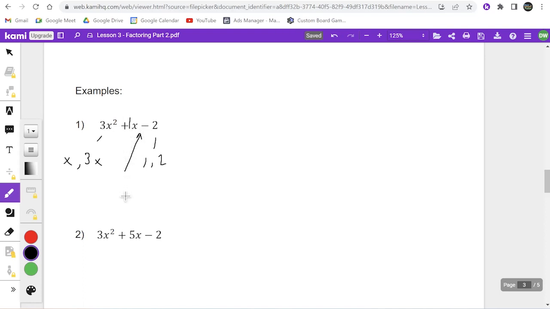So now let me write out all the combinations that it could be, and then we'll talk about which one is correct. The first combination we have is x plus 1 times 3x minus 2. And the second combination we have is x minus 2 times 3x plus 1.